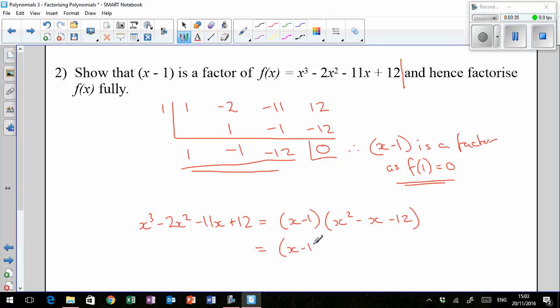So x minus 1 is not going to change, but in there you have two factors hidden in a trinomial. So it's going to be x minus 4 and x plus 3, and that is your polynomial factorised fully. So you can see how with that synthetic division, you can get a remainder of 0, which tells you a divisor, which tells you when factors exist, which leads you down to being able to do many things with your polynomials.